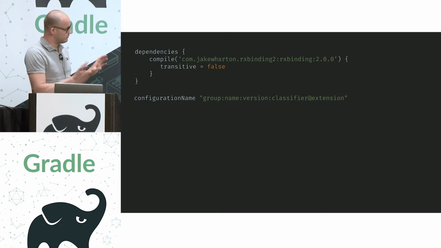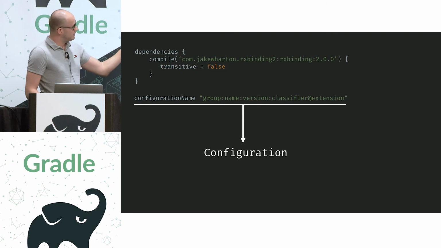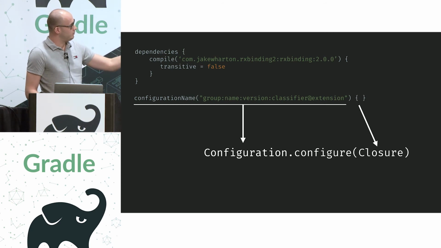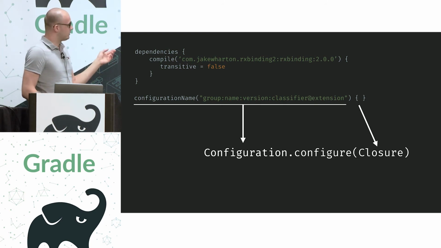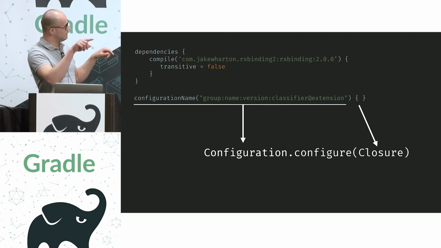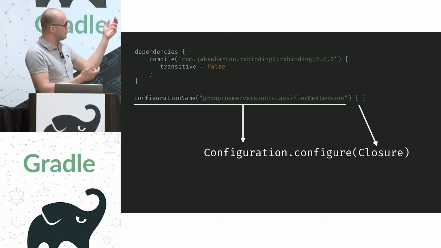And okay, just one thing before the extension. This is a method call that returns a configuration. And the closure that's after that is a method on a configuration. And this is something that was always confusing for me. Why, when we add the configuration block with transitive false, we need to add parentheses?